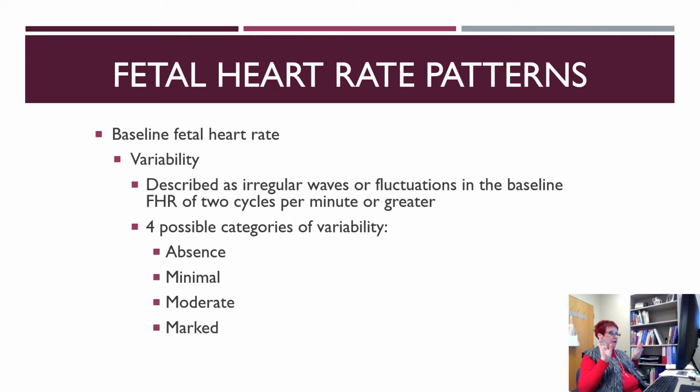And so we have 4 categories. We have absent, we have minimal, we have moderate, and we have marked. We want to see moderate variability, okay? Absence could be that the baby is very asleep, over-medicated, we don't know. That's not a good sign. Minimal is not as good. Lots of times minimal may happen after you give mama fentanyl or something like that.